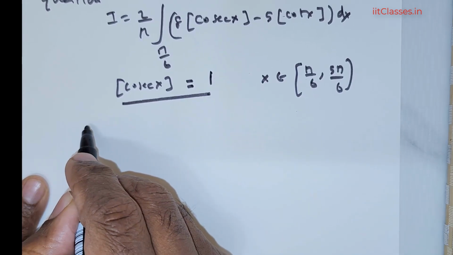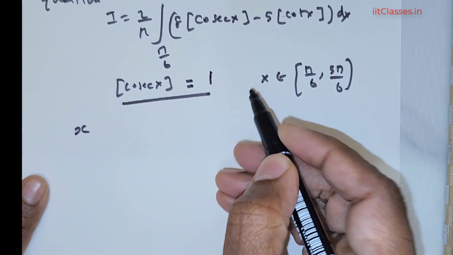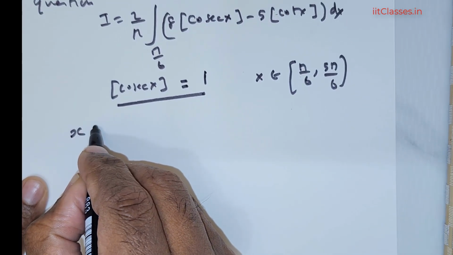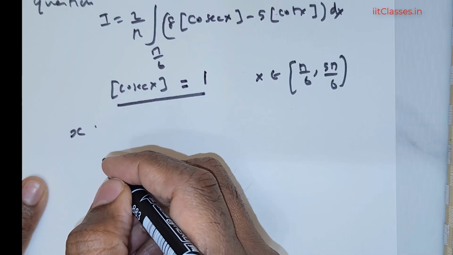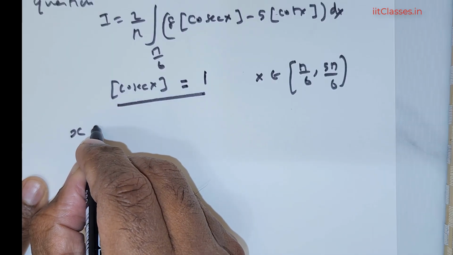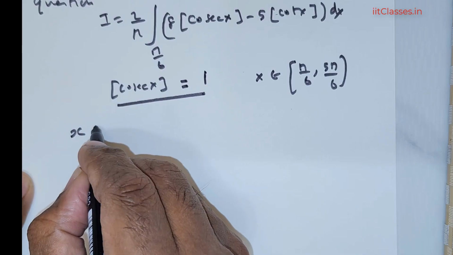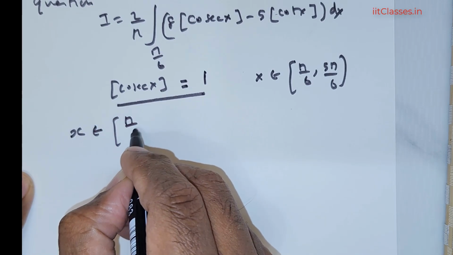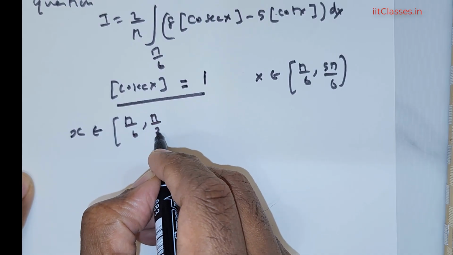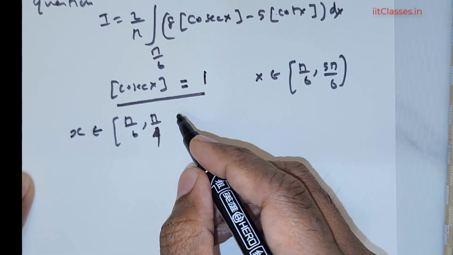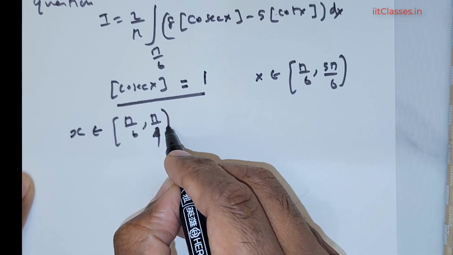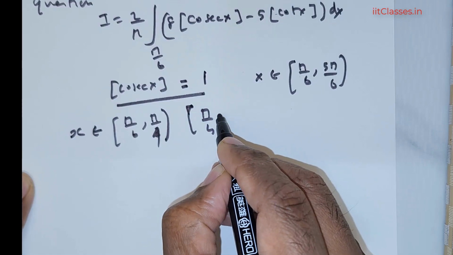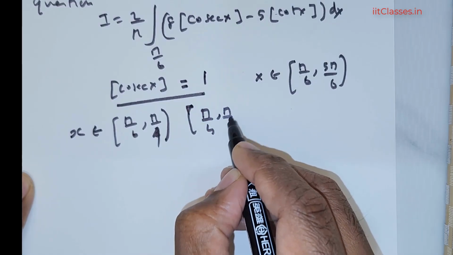So we will have to study the greatest integer function of cot x for values of x. I'm going to divide this interval in the following fashion. For x being an element of pi over 6 comma pi over 4, this is going to be one interval, and the next interval is going to be pi over 4 to pi over 2.